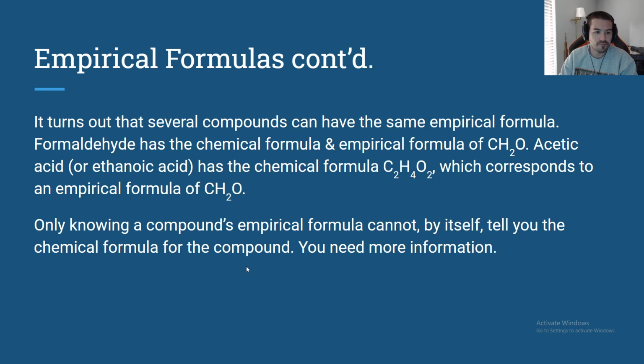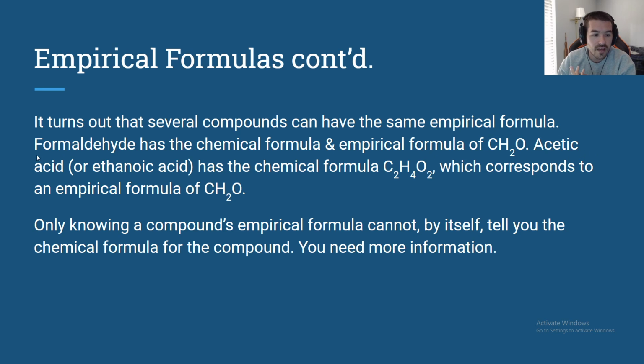All right. Now, it turns out that several compounds can have the same empirical formula. Okay, so for example, formaldehyde. It has the chemical formula and the empirical formula of CH2O. Okay, so this is actually what formaldehyde is, CH2O. That's its chemical formula. And then that means that it also has the empirical formula of CH2O.